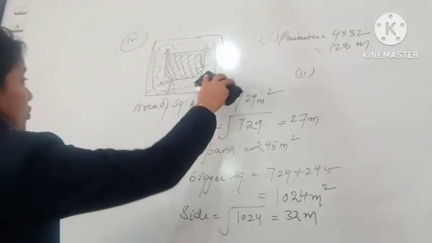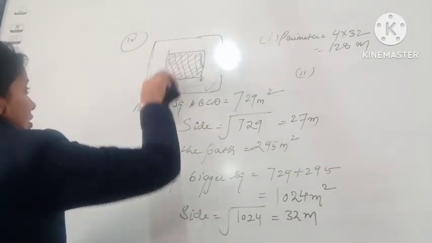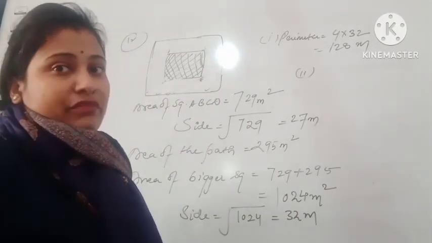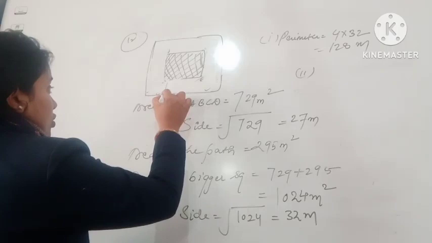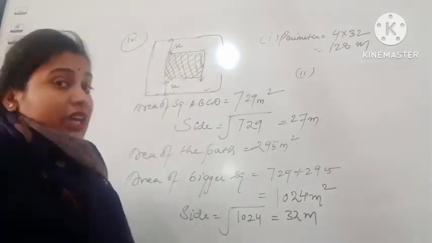So, let us say that the width of the path is x. So, this is also x and this is also x, because the path is of equal width and is running around the square.